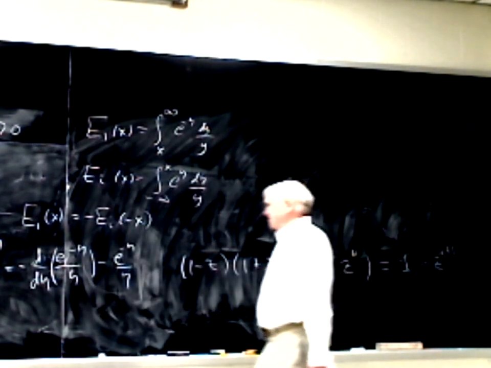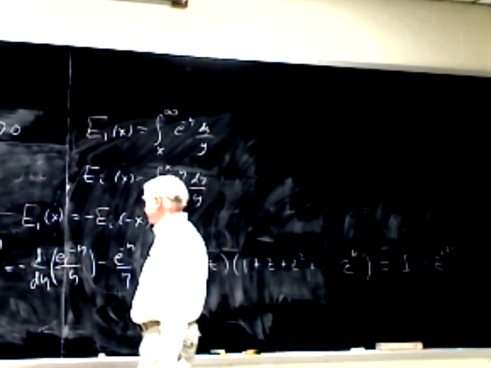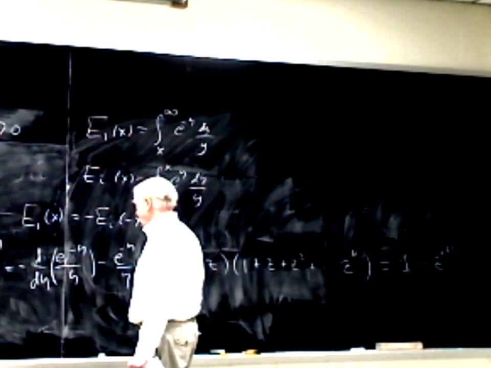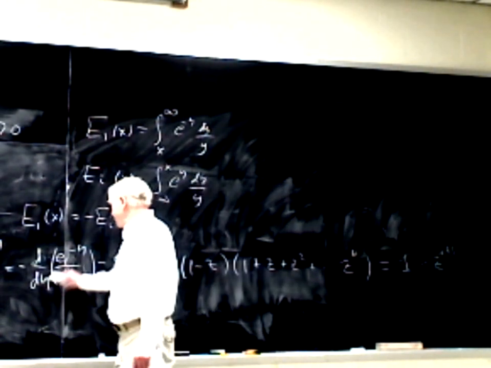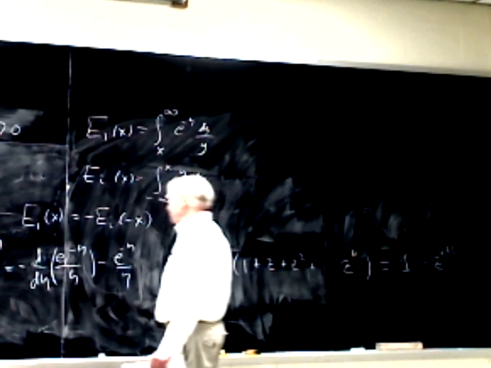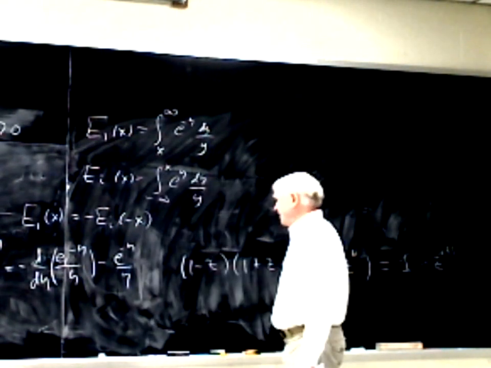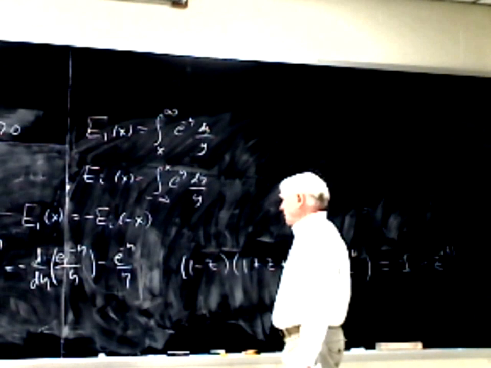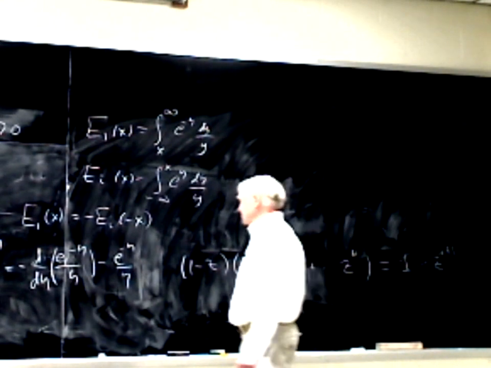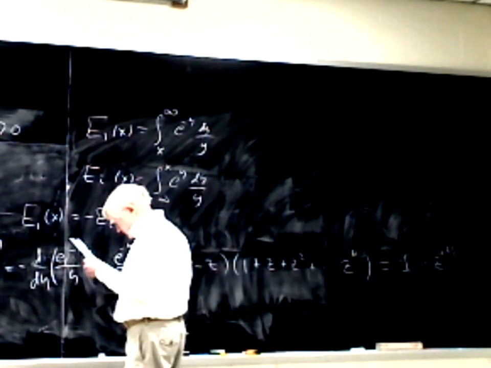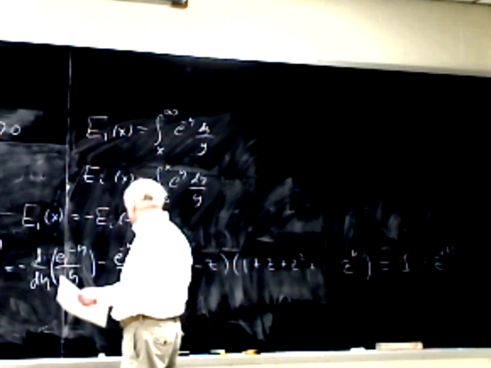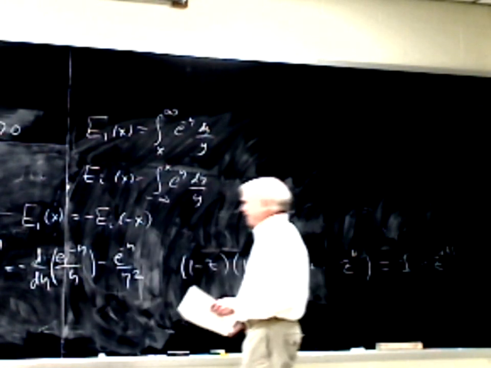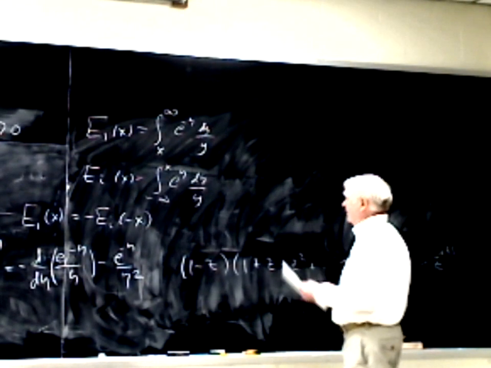So, in other words, this derivative acts on that, you get a minus 1. If it acts on the exponential, you get, oh, this is y squared, okay. Anyway, you can verify that.